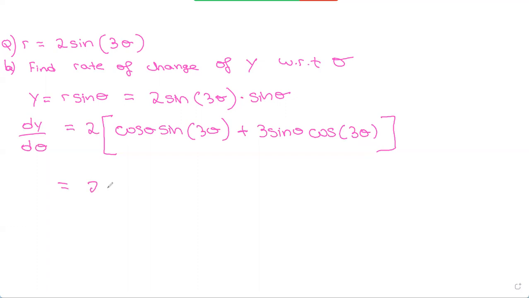This can be written as 2 cosine theta sine 3 theta plus 6 sine theta cosine 3 theta. We're just expanding the bracket by multiplying all the terms by 2. So this is our answer for dy over d theta, the rate of change of y with respect to theta.